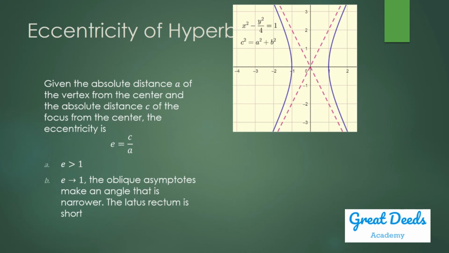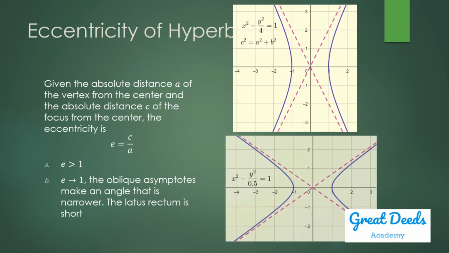Now, when E approaches 1, the oblique asymptotes make an angle that is narrower. Or in particular, the latus rectum. The latus rectum gives you the focal width of the branches of your hyperbola. And so when E approaches 1, the latus rectum becomes shorter. Something like this happens in that situation.